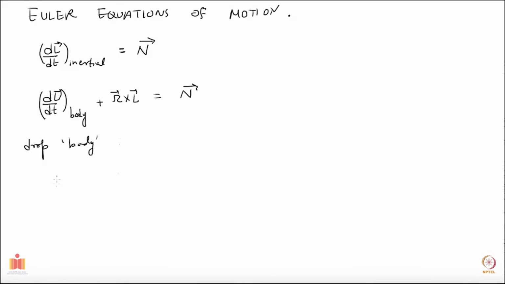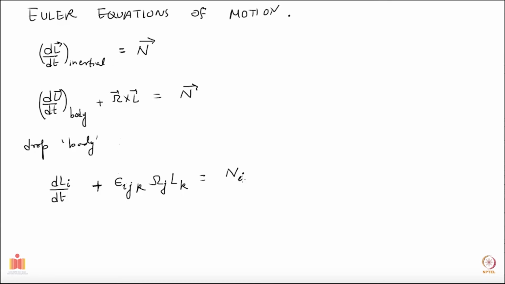So I get dLi over dt plus, what's the cross product? You can use the Levi-Civita tensor to write it. So it's epsilon ijk omega j Lk, and this will be equal to Ni.